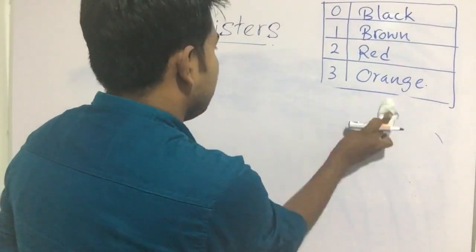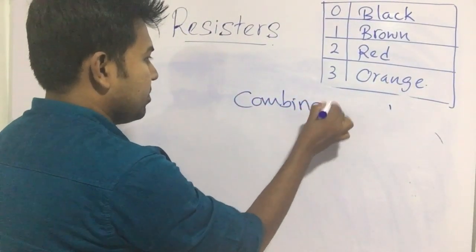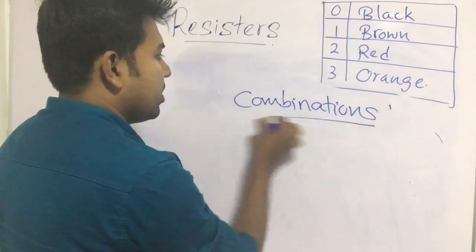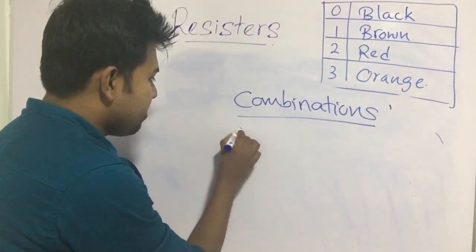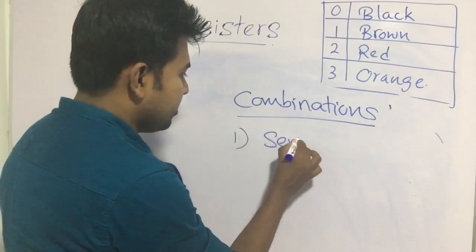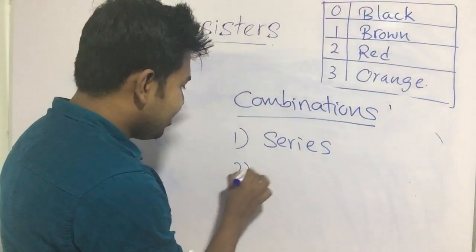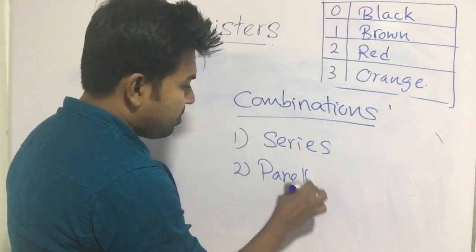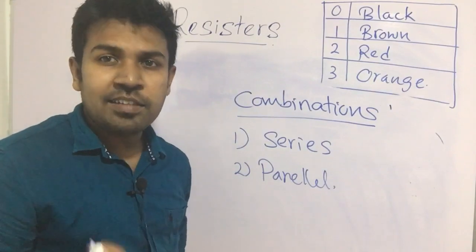When you consider the combinations, mainly there are two types of combinations. One is series combination. The other one is parallel combination, right? Series combination and parallel combination.